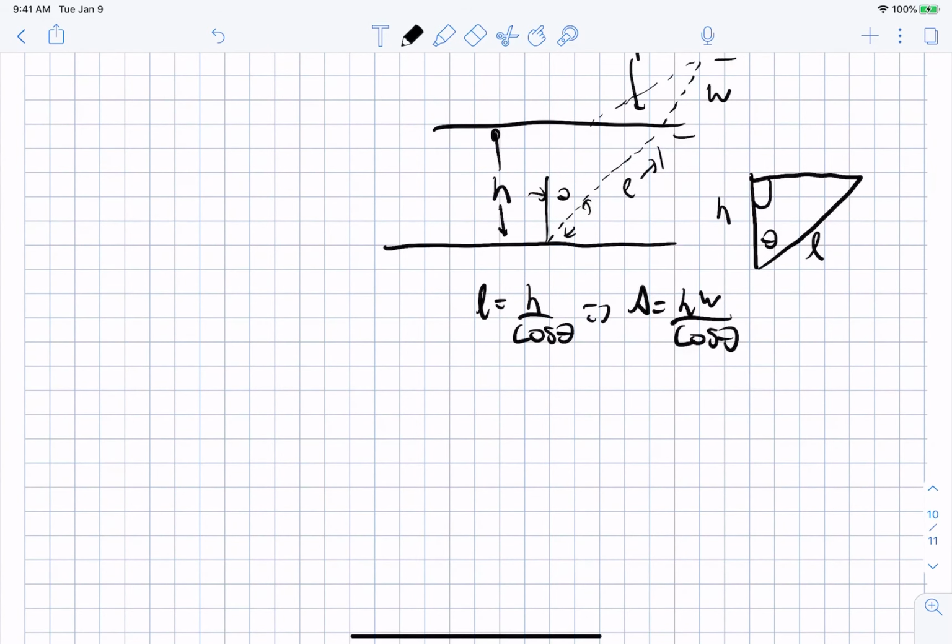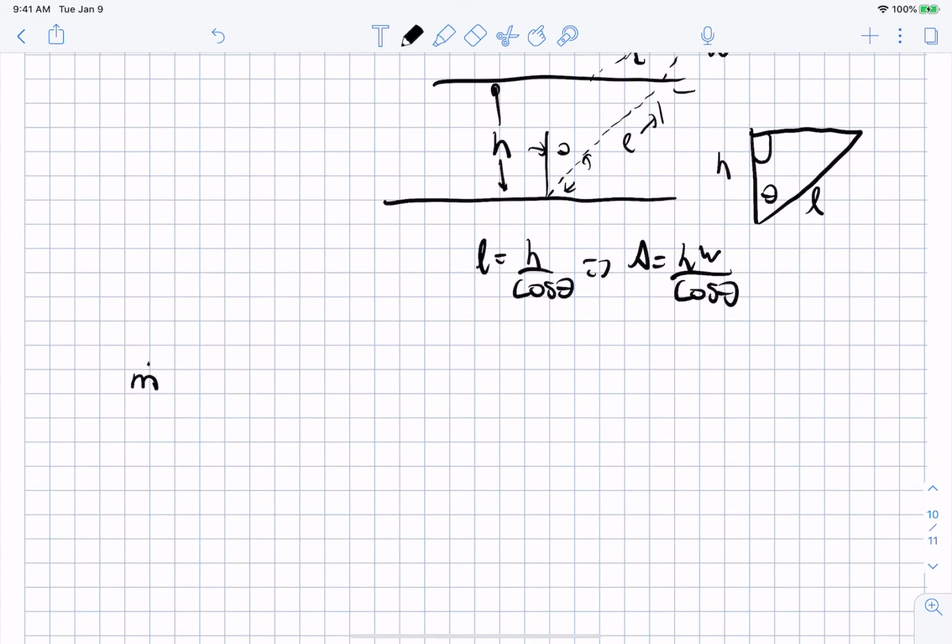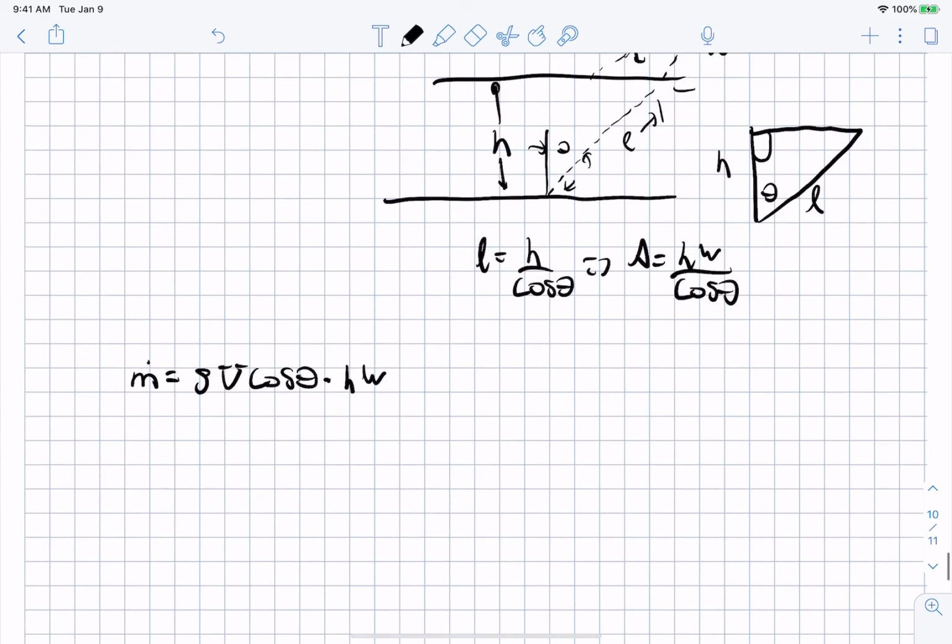So now we can find that m dot equals rho v cosine theta times the height of the channel times the width of the channel over cosine theta. Notice that the theta dependence goes away. We get the same m dot no matter what angle we choose.